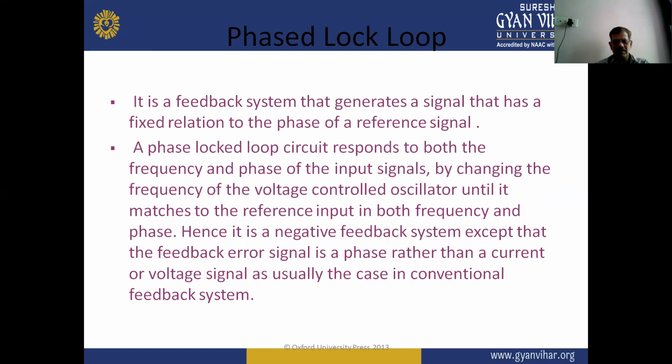Hence, it is a negative feedback system, except that the feedback error signal is a phase rather than a current or voltage signal, as is usually the case in conventional feedback systems.